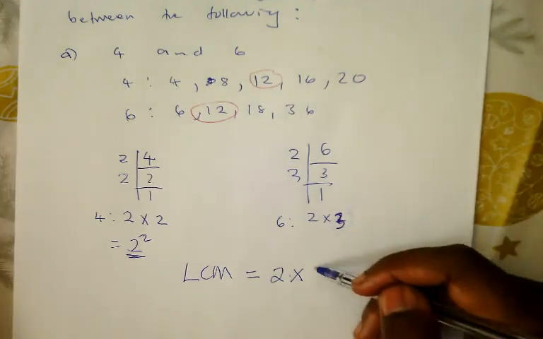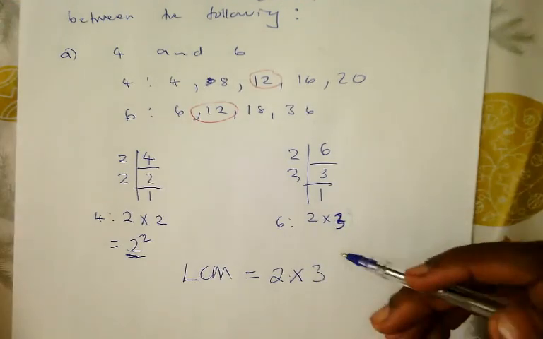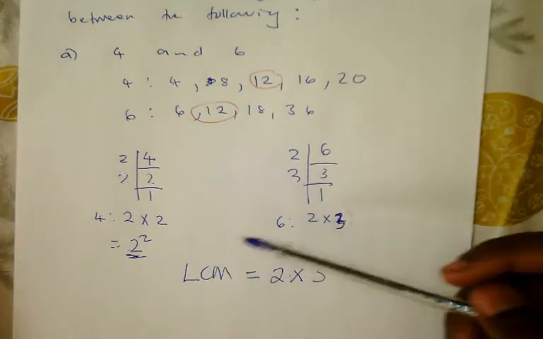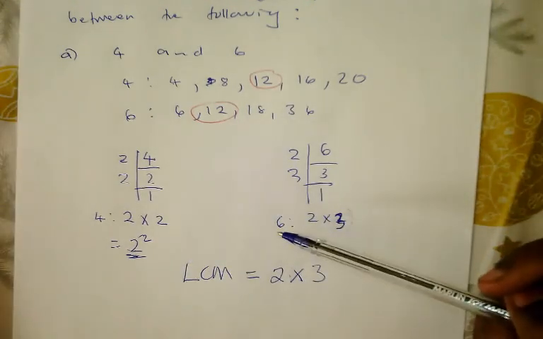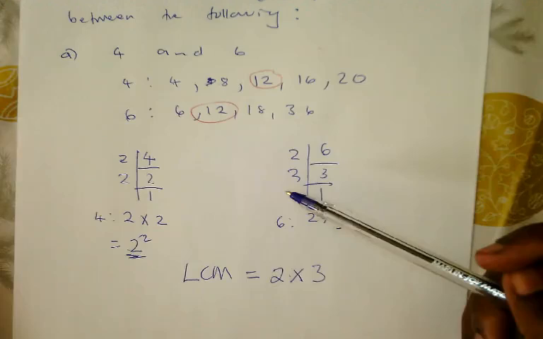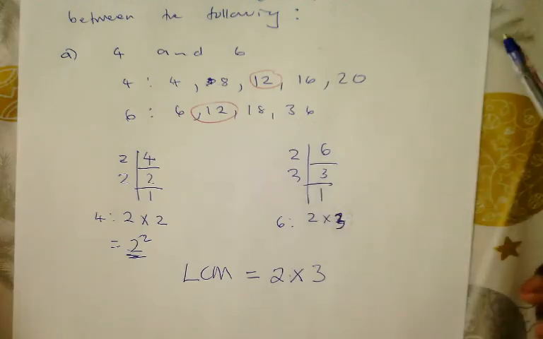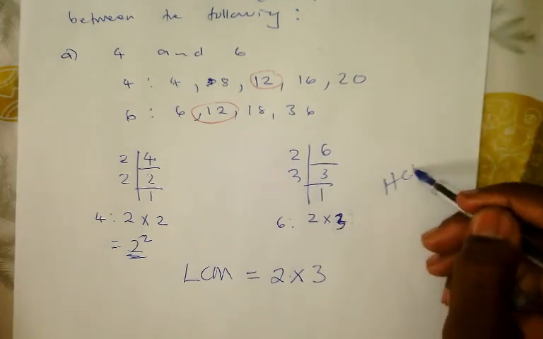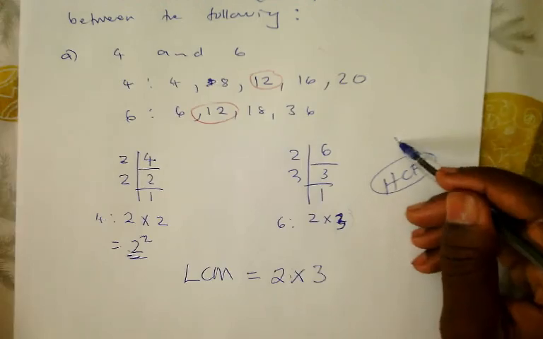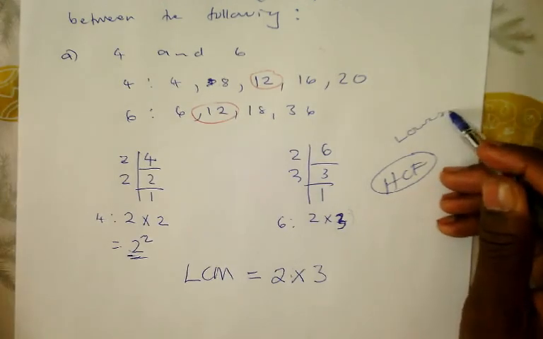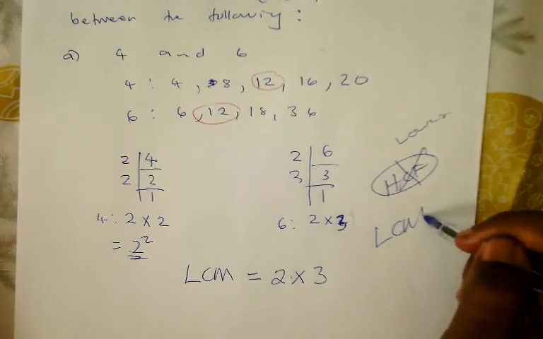Now, for the ones with the similar bases, I need to decide. For the highest common factor, we were taking the one with the lowest exponent. And for the LCM, we're going to choose the highest exponent.